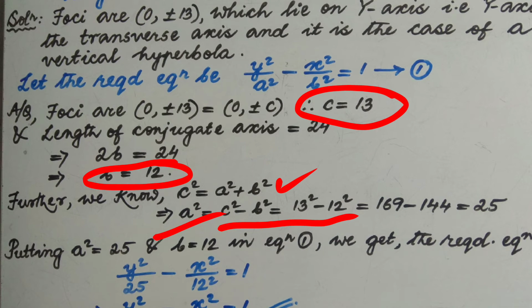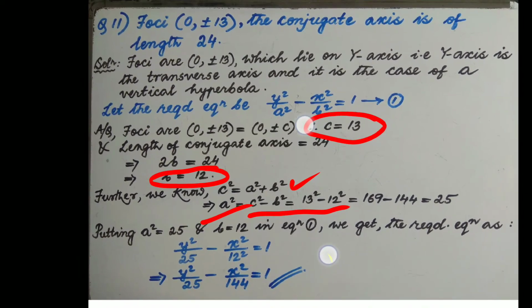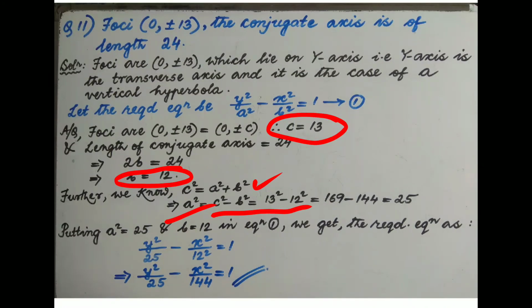And we get the final equation as y square by 25 minus x square by 12 square equals 1. That means y square by 25 minus x square by 144 equals 1, which is the required equation.